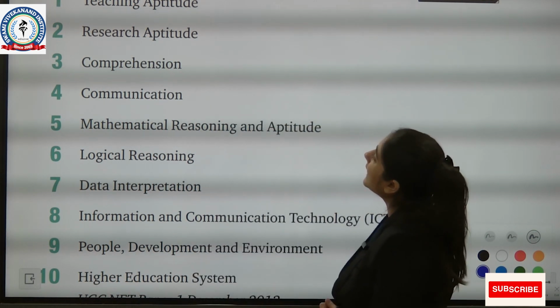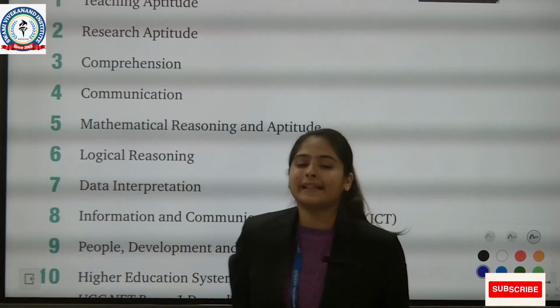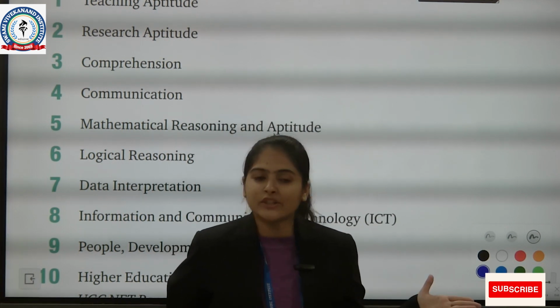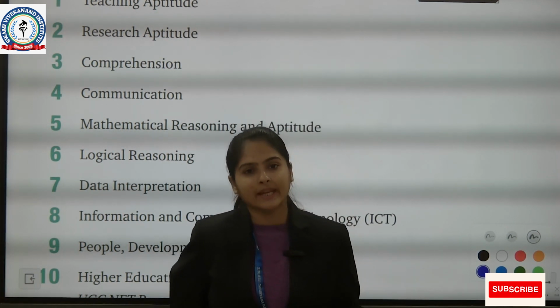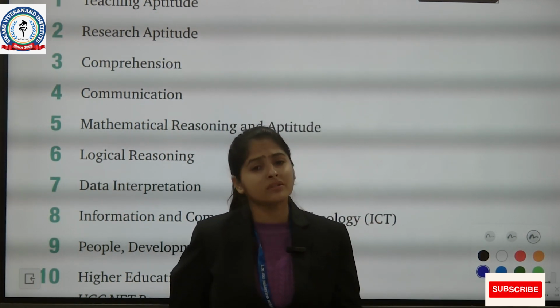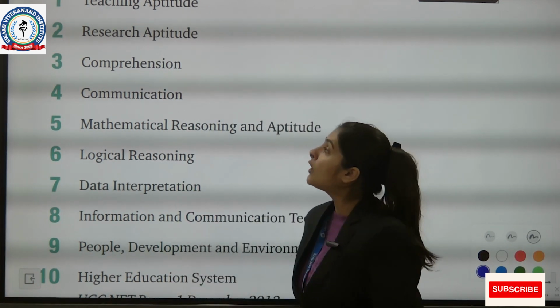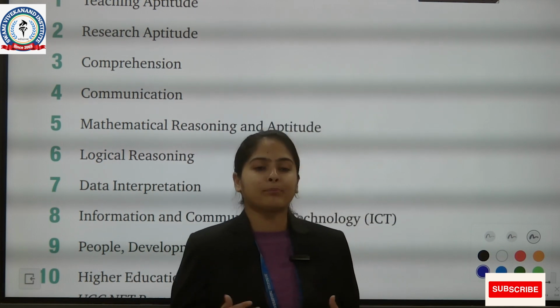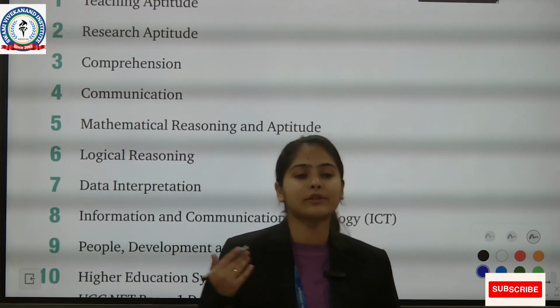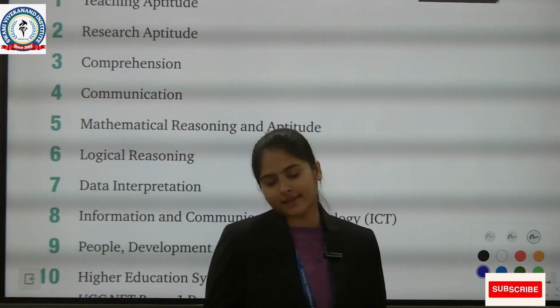So in teaching aptitude, we basically cover each and every aspect of teaching, of the learner, of the evaluation system, and so on. Research aptitude is important for everyone who is going to pursue a PhD in their subject.